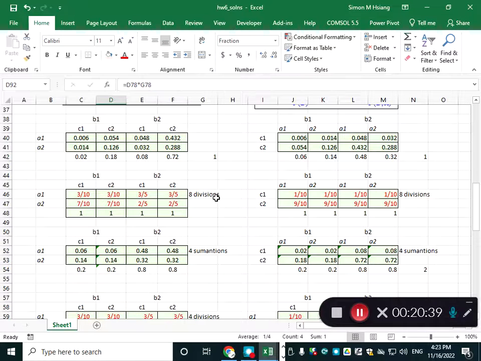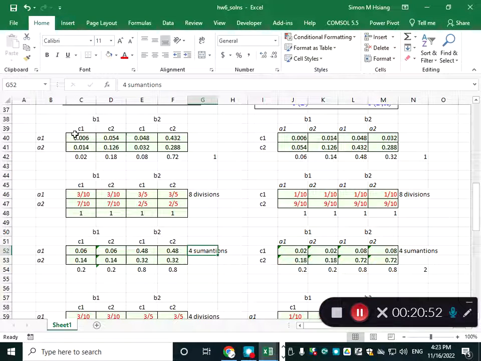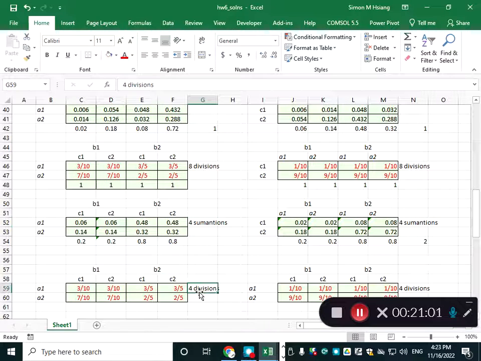And why I'm doing that, I'm also trying to say that doing this, 1 divided by the marginal, 1 divided by the marginal, I have a division to take care of. But if I sum them together, hey, you 2 lump together, you 2 lump together, so I will have 4 summations. And after 4 summations, I only have 4 divisions to do.